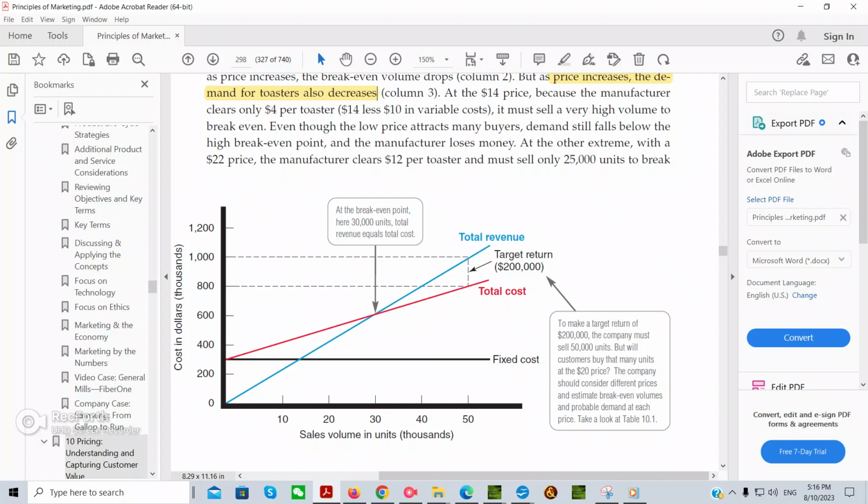Now, when we look at this as a chart, if you want to look at an overall trend, we look at the x-axis, which is horizontal, and the y-axis, which is vertical. On the y-axis, you have cost in dollars in terms of thousands. On the x-axis, you have sales volume in units. So it's sales volume compared to cost in dollars.